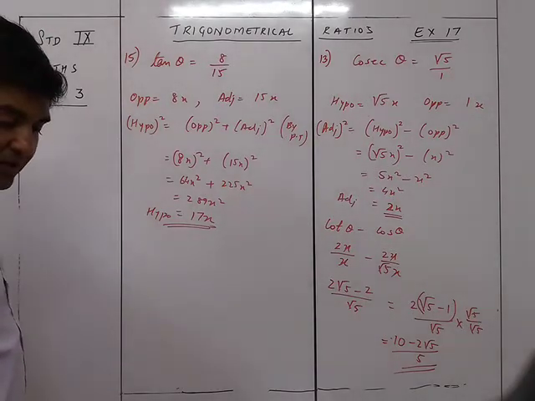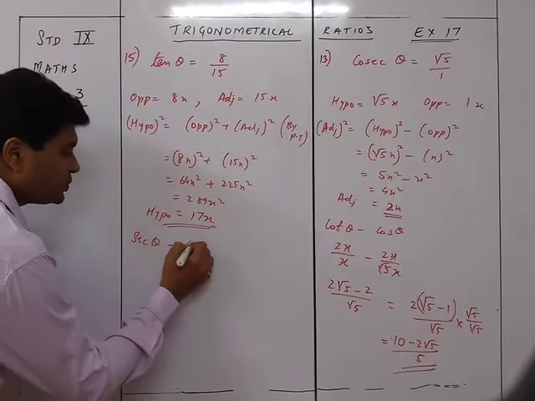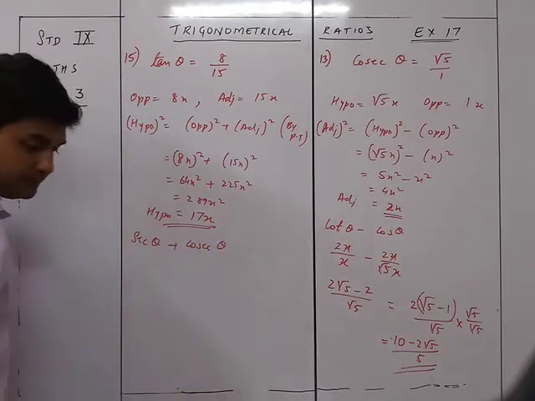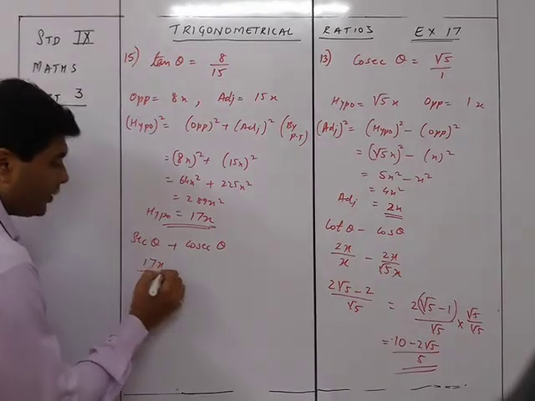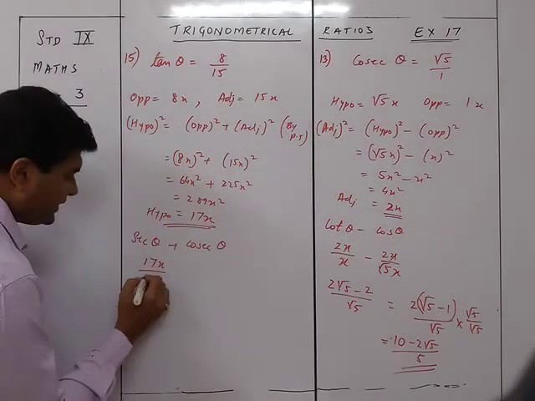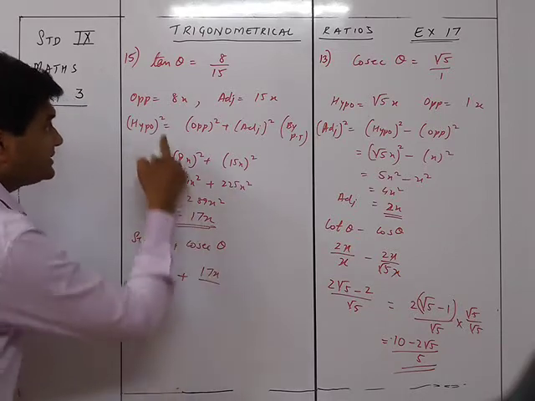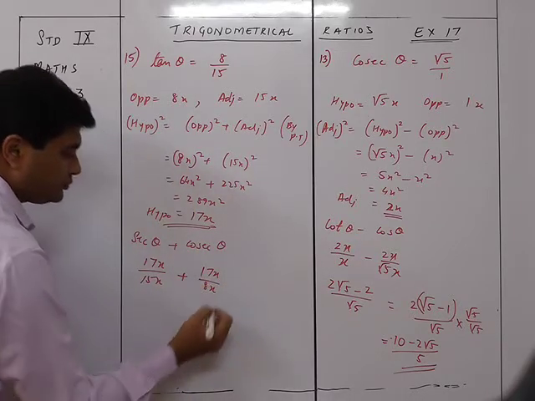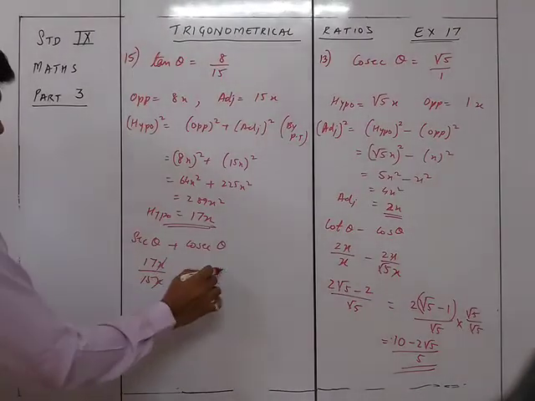So now we need to find out the value of sec theta plus cosec theta. Sec theta is 17x upon adjacent 15x plus 17x upon adjacent 8x. X gets cancelled.